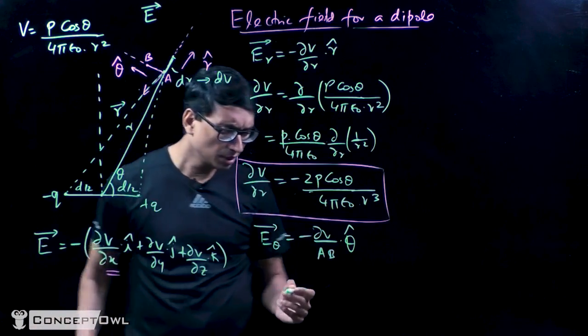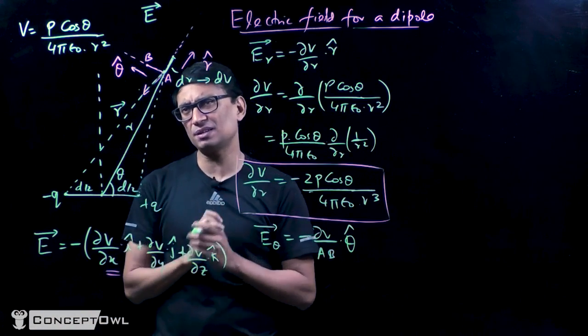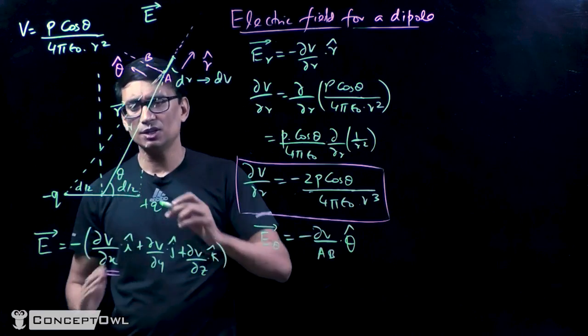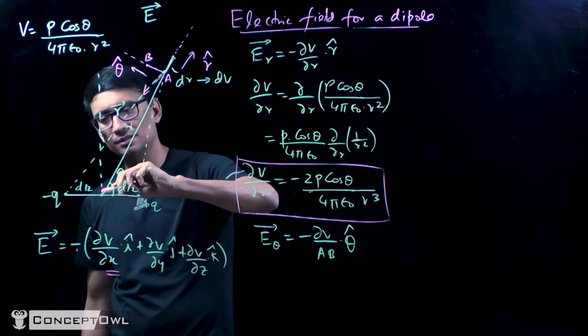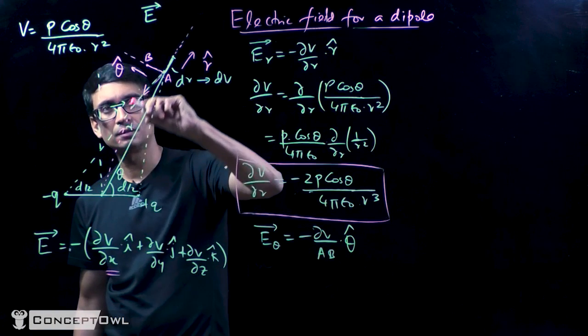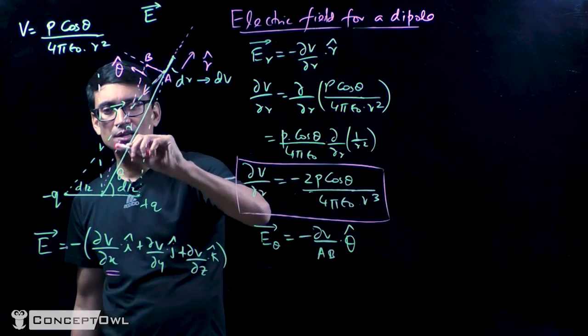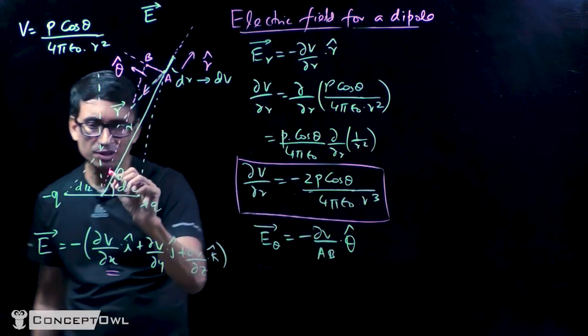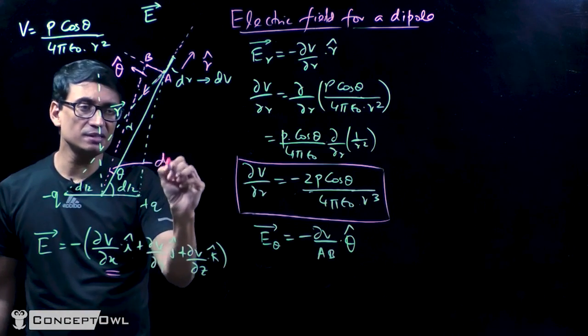So now what is my AB? How do we find this AB? I know theta. If I connect this, and if this is my theta, this is going to be my small change in theta, which I call d theta.